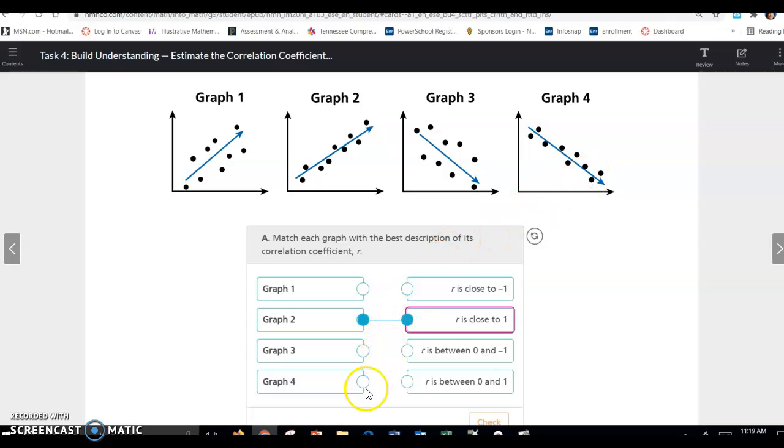So graph 4 is close to -1. And then this one's positive, but it's just somewhere between 0 and 1. So graph 1 is between 0 and 1 because it is positive. And then graph 3 is negative, but it's not very close. So it's just somewhere between 0 and -1.